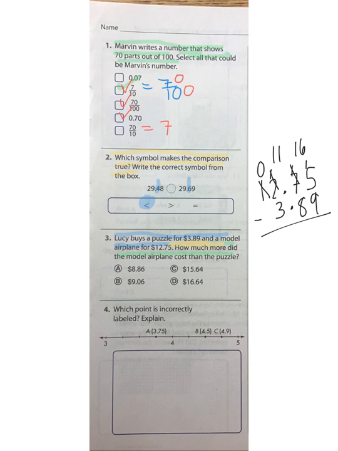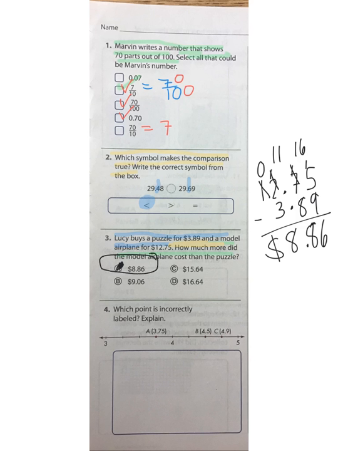And now I can subtract. 15 minus 9 is 6. 16 minus 8 is 8. Put your decimal point. And then I have 11 minus 3 is 8. So I have $8.86. So my answer is A.